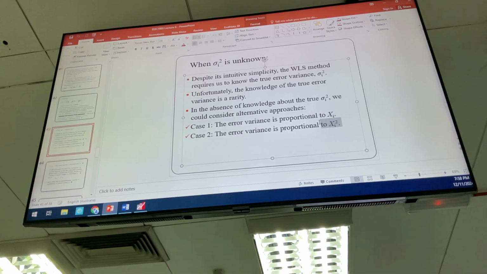The second case, from the second test we had just now in the lecture, is where it is proportional to x squared. So if the error variance is proportional to the square of x, then we have a different way of transforming the equation in order to make the new error term have a constant error variance.